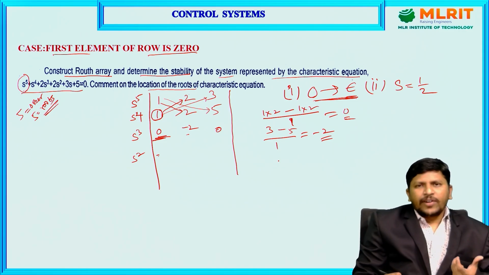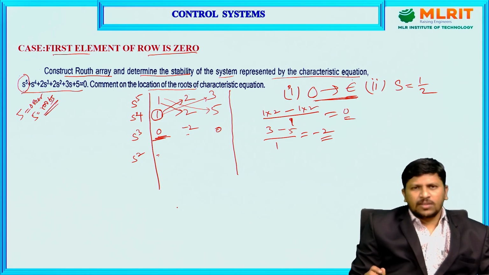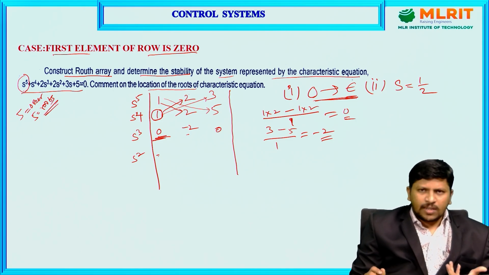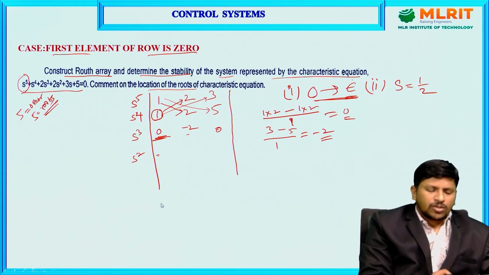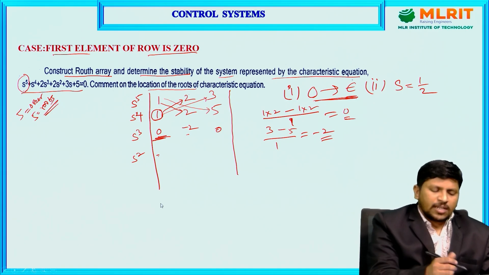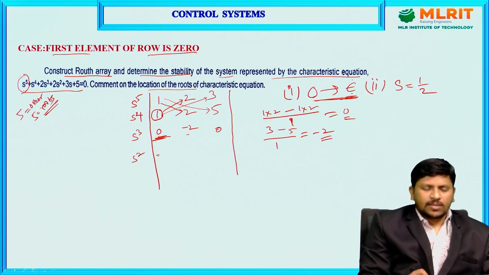Some value divided by 0 is nothing but infinite, an infinite series of numbers, so we can't find the exact values. Infinite values occur. That's why, in place of 0, we consider a small positive value epsilon.